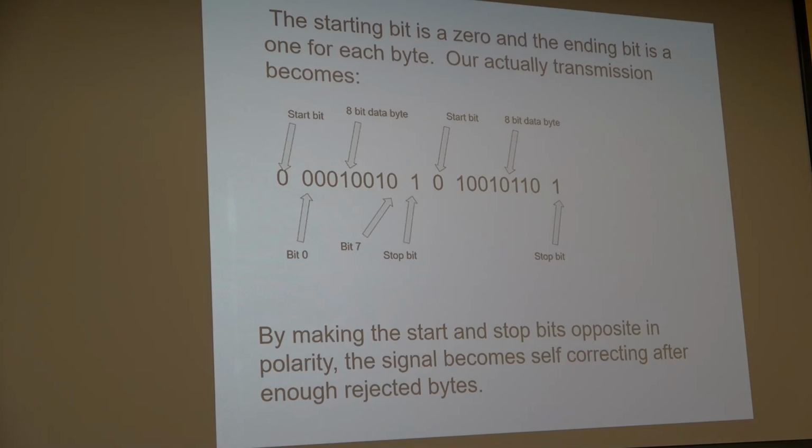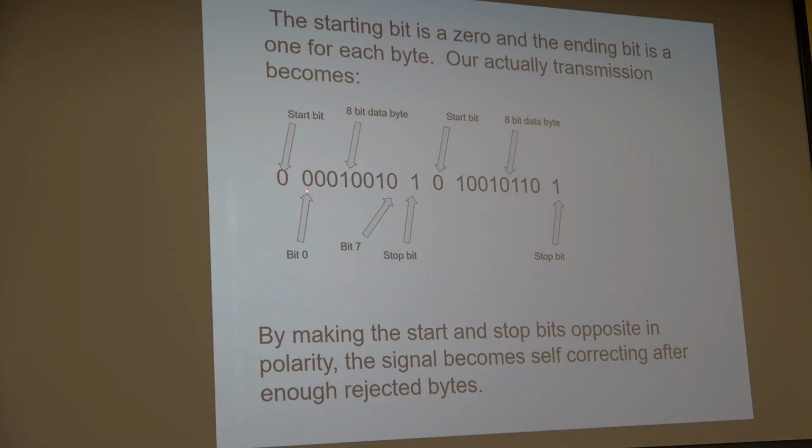Okay? And then when you want to start your transmission, you pull the data line low. And that's that start bit. That's why it's 0. You pull the data line low, and the controller says, oh, okay, I got an incoming message. So it's got 1 bit worth of get ready time.